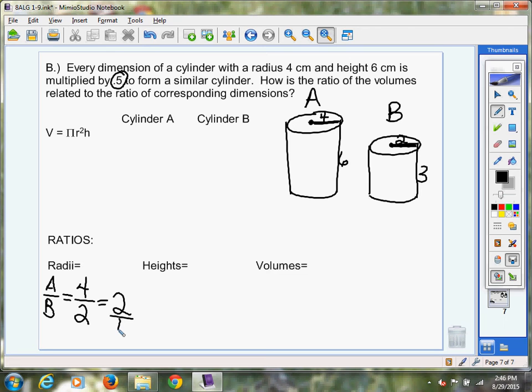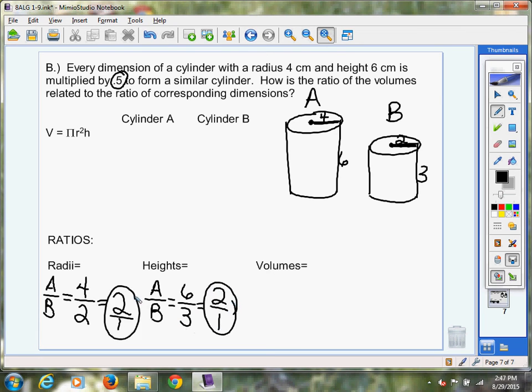Do you think they'll be different? Do you think they'll be the same? What do you think? All right, well, let's let the numbers do our thinking for us. Let's see if the numbers back up what our thought process is. Okay, so A, the height is 6. In B, the height is 3. And so we're back to 2 over 1 again.